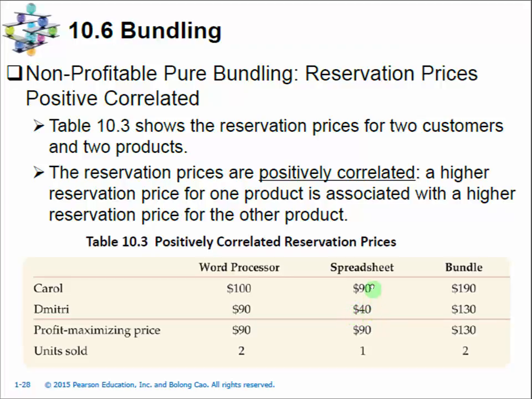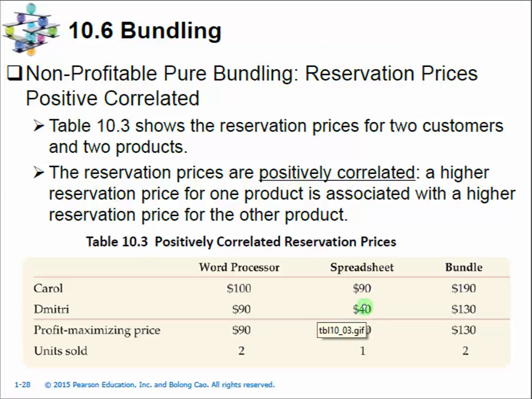We let go of the purchase of Dimitri because his reservation price on the spreadsheet is just too low. We would rather get another $50 from Carol by selling at $90 if we just sell to Carol. If we sell to Dimitri as well, we have to give up $50 in consumer surplus from Carol and gain another $40 in sales from Dimitri. And that only brings in $80 in total.